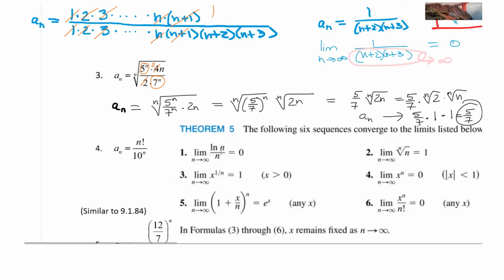Okay, now any questions about number 3? All right, how about number 4? A sub n equals n factorial over 10 to the n. Do any of these rules look like they could give us any insight regarding this problem? It might not fit exactly, but it might give us some insight, at least to know if it converges or diverges, right?